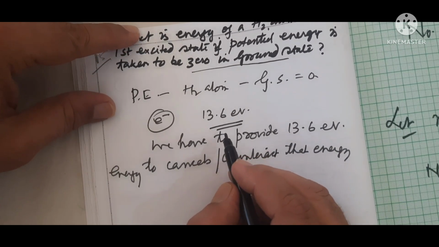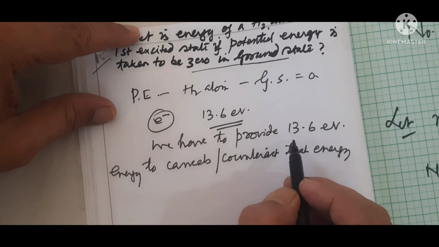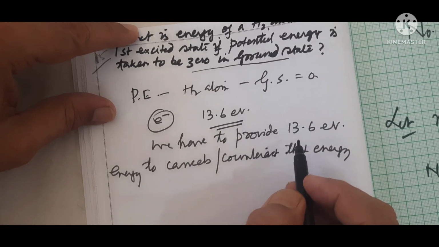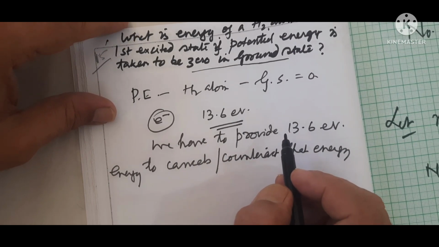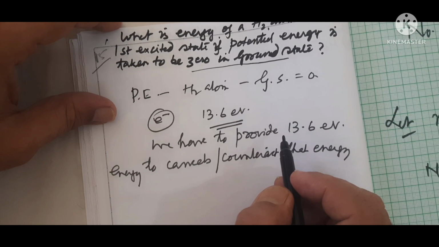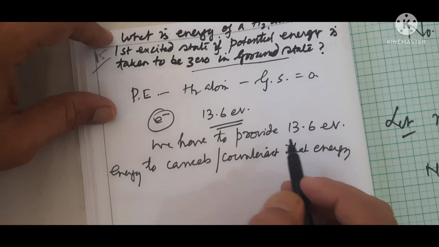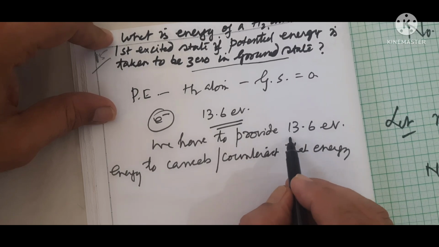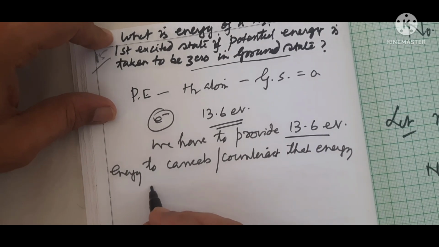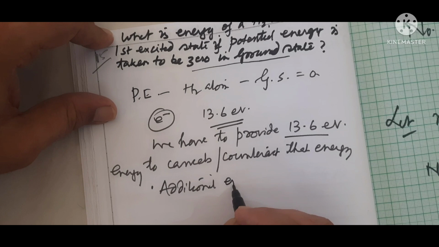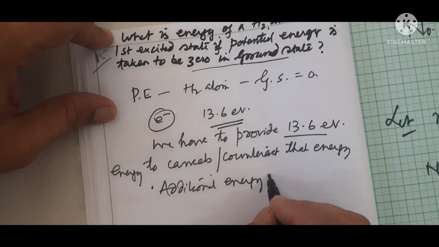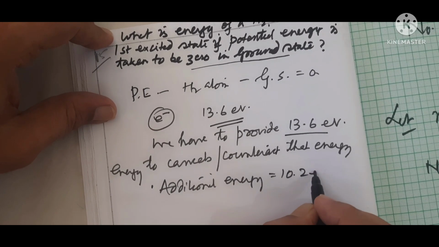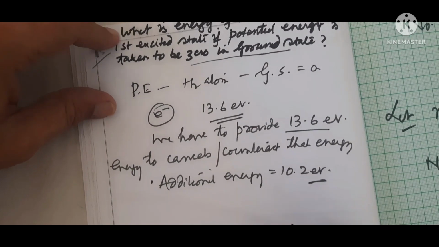इतना एनर्जी से तो बना हुआ रहता है. Now we have to overcome that particular energy. In case of taking it to the first excited state, हम excite करा रहे हैं, इतना एनर्जी तो लगेगा ही, plus the additional energy is also required. Additional energy, how much? That is 10.2 electron volt also required.